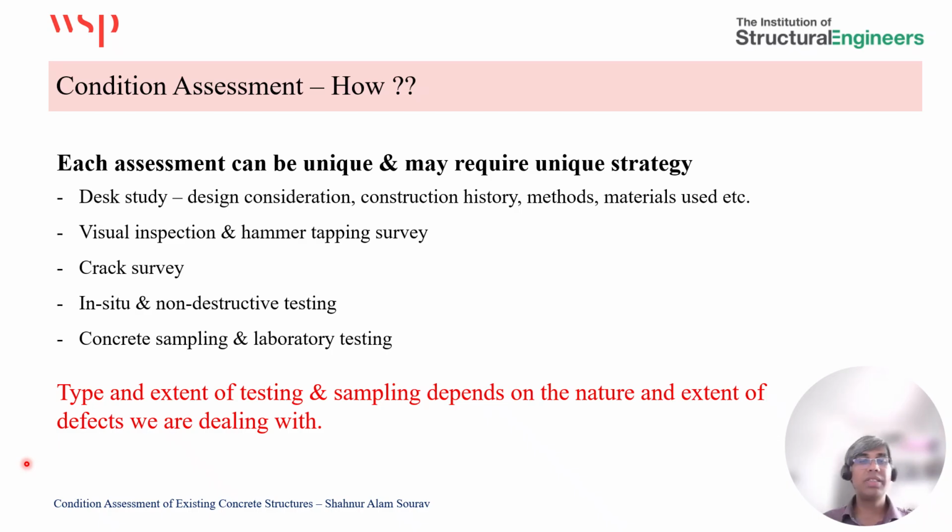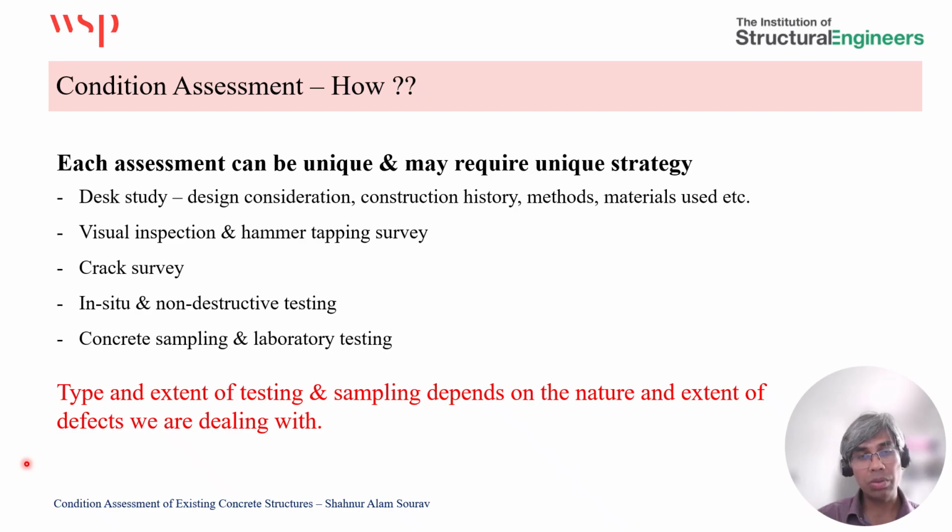So we have discussed different types of defects that we see in concrete. Now, how can we assess this condition and identify these defects in the concrete? Each assessment should be unique and may require unique strategies, but there is a typical process flow that we can follow.